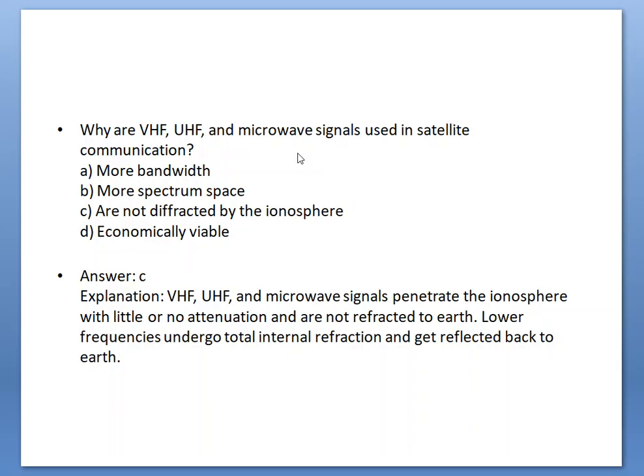Option C is the right answer. Why option C? VHF, UHF and microwave signals penetrate the ionosphere with little or no attenuation and are not refracted back to the earth. Lower frequencies undergo total internal refraction and get reflected back to the earth. So that's why we use VHF, UHF and microwave signals in satellite communication.